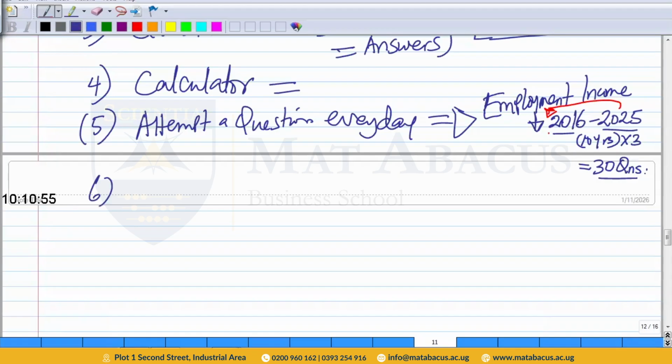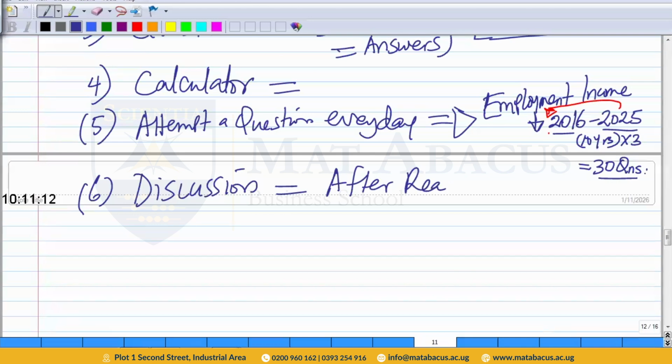Then 6, discussions. So you need to go and attend the discussions in the event you have not understood something, but it is better to attend discussions after reading. Do not go to discussions before you read. First read, after reading, then attend the discussion so that you have something you can contribute.